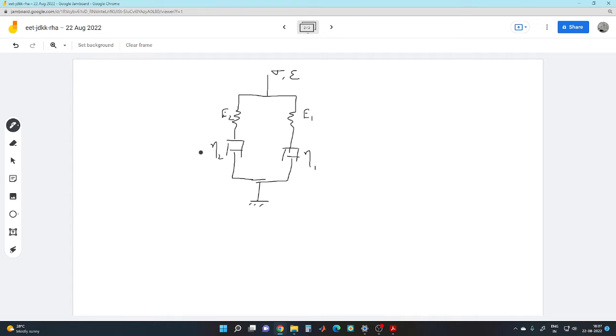So this is just for the sake of completeness. I'm giving you the actual expression for this Hooke's law.